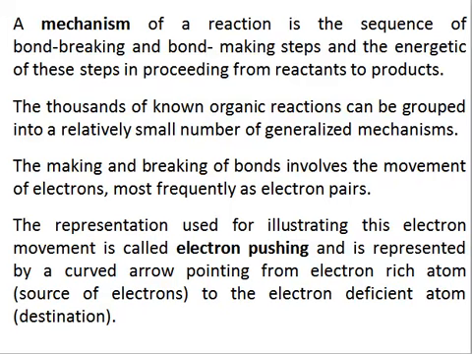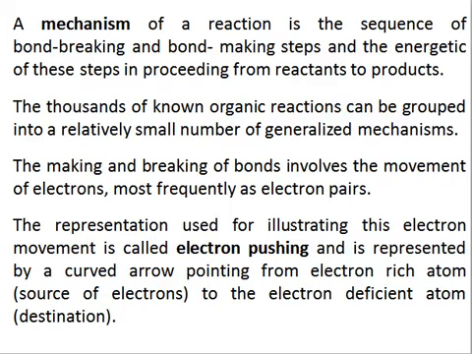So the activation energy is the energy barrier for the reactants to get converted into the product. If this energy barrier is very high, then the reaction gets slower, so you have to give some input of energy for the reactants to get converted into product. But if this energy barrier is low, it is much easier for the reactants to get converted into product.